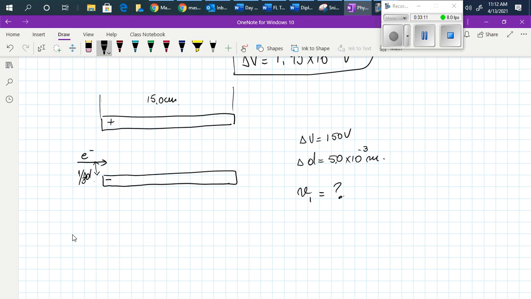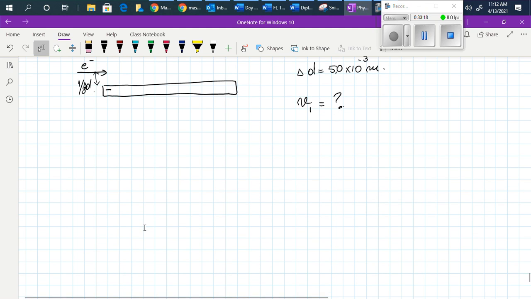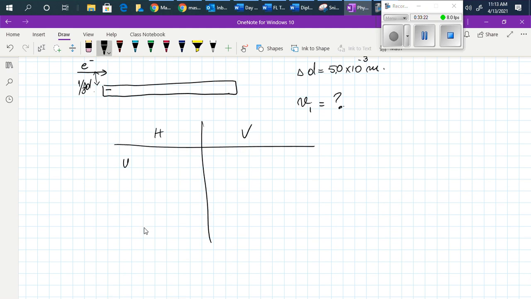Okay, we'll do the same thing as we have done before. We'll start with the table, so we'll have a horizontal and a vertical, uniform, non-uniform. Acceleration is 0.